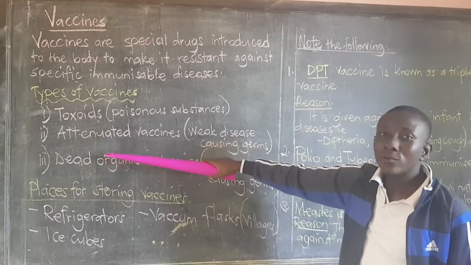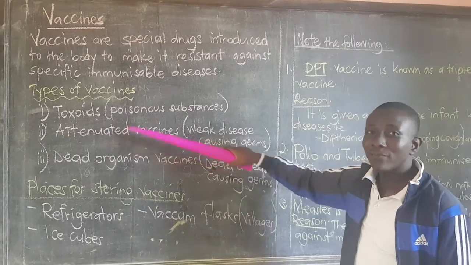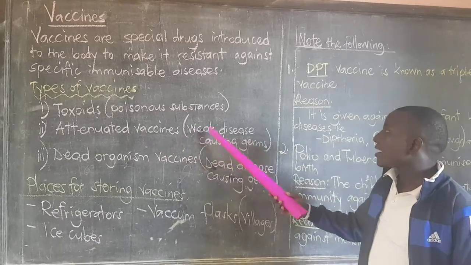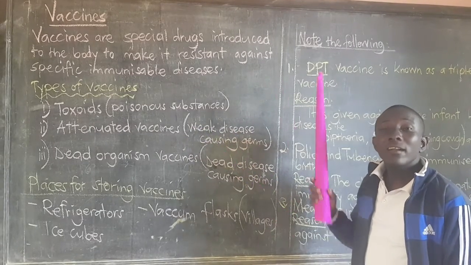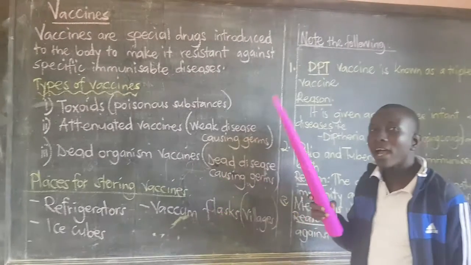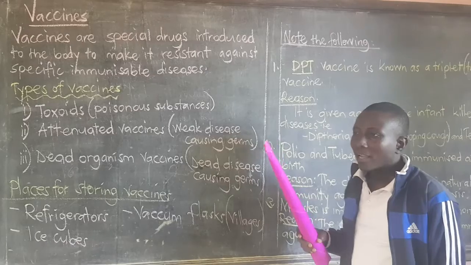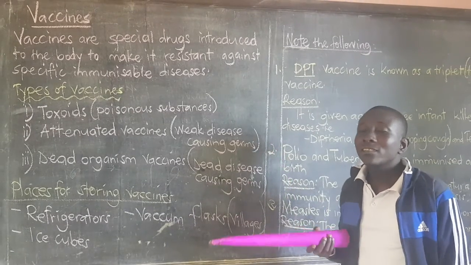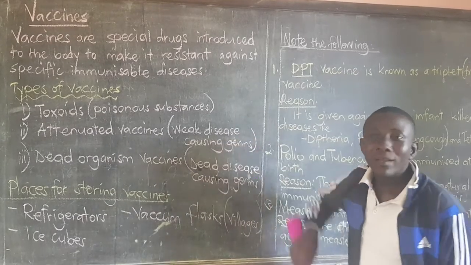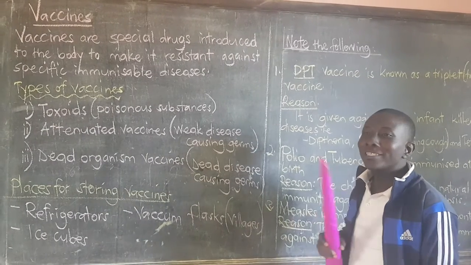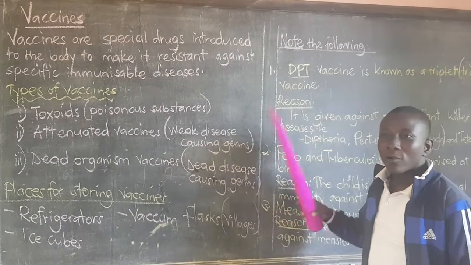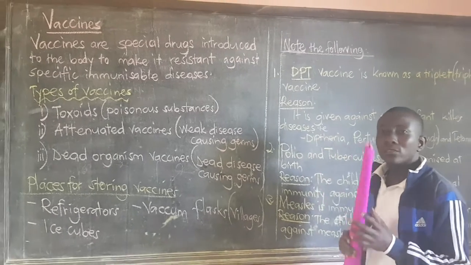Number two, we have attenuated vaccines. These attenuated vaccines are weak disease-causing germs. They are real germs. For example, tuberculosis is an immunizable disease. The germs which cause tuberculosis are extracted maybe from somebody who has tuberculosis.